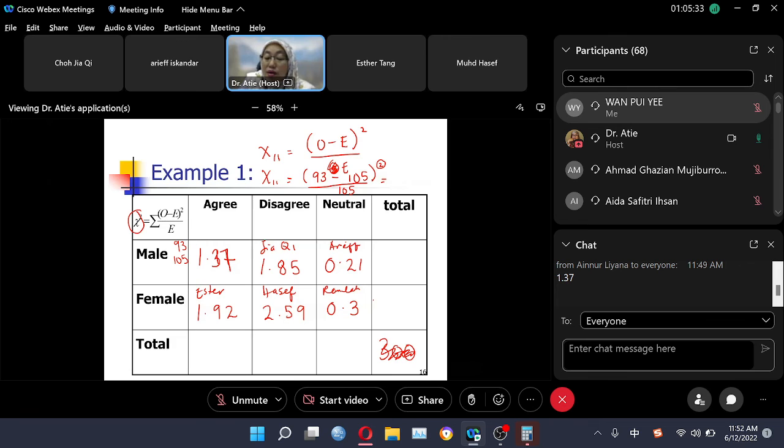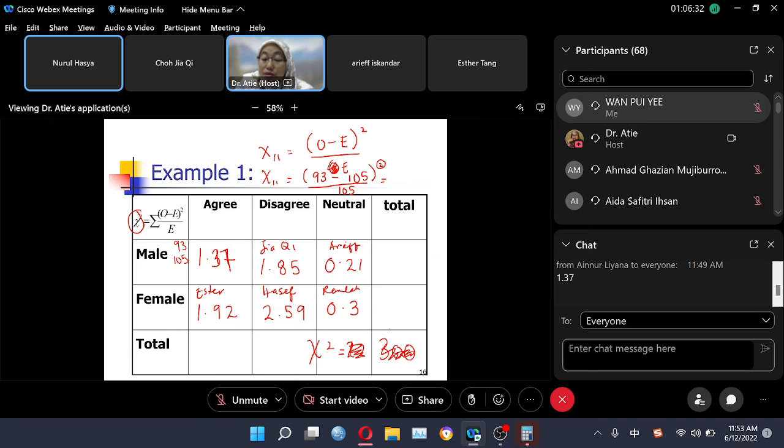Then we will get our chi-square value. 1.37 plus 1.85, all of them. Okay, 8.24.